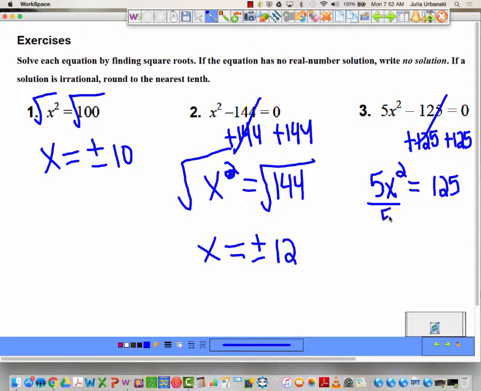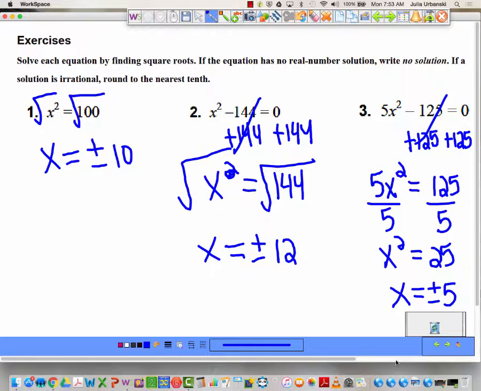And then you divide both sides by 5. Okay, so what's the answer going to be? 5? Good. Positive or negative 5. That's it.